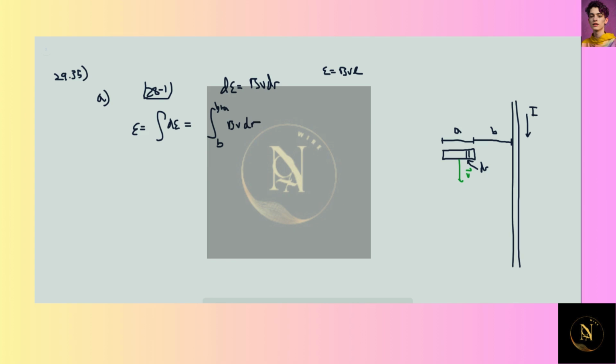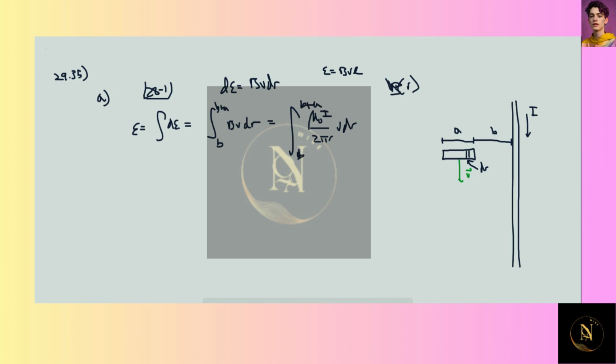Now B is going to be a function of r, because we know it decreases as we get farther away from the wire. So if we plug that in, this is mu naught I over 2 pi r times v dr, going from b to b plus a.